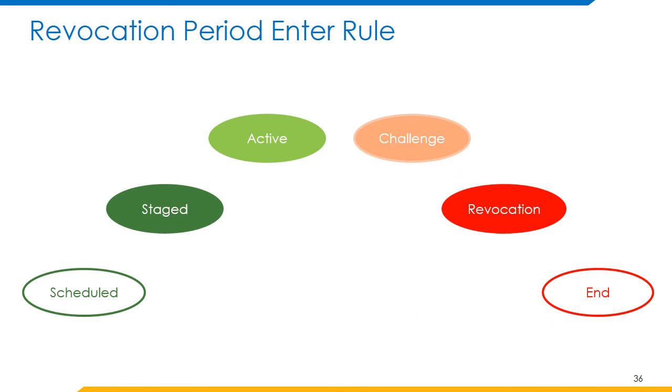The rule associated with the start of this phase is called revocation period enter rule. As soon as we have this revocation period entered, this rule starts getting executed.